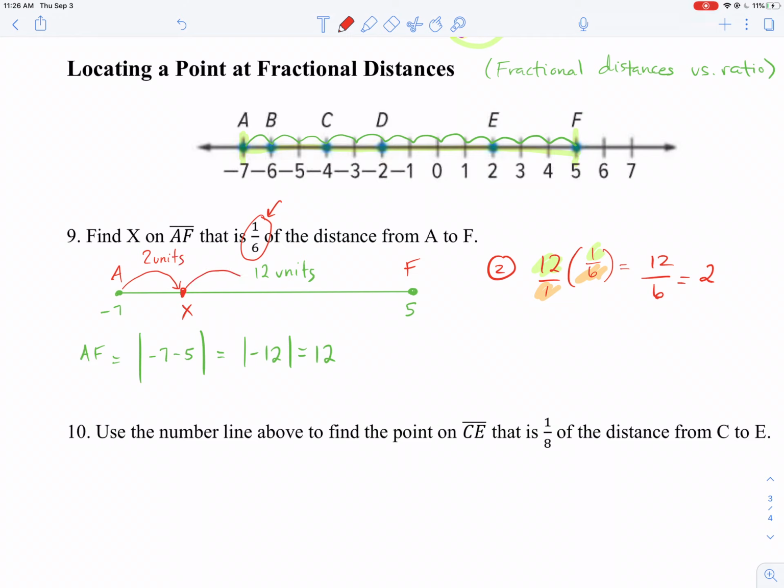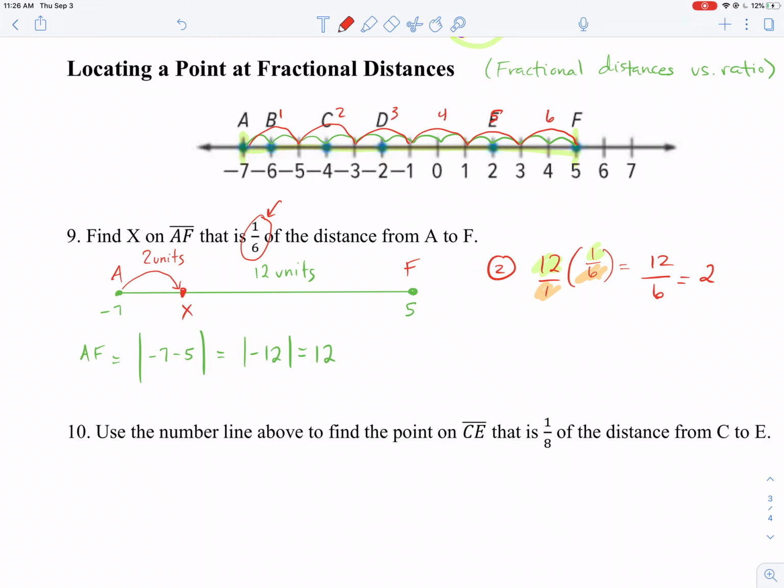So if I were to jump 5 more times, it would be 2 units each time. If it helps you, the number line actually helps pretty well. I got 2 units, 1, 2, 3, 4, 5, and then 6 all together. So 1/6, 2/6, 3/6, 4/6, 5/6, 6/6.